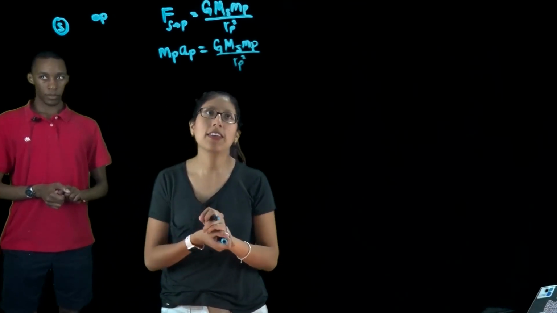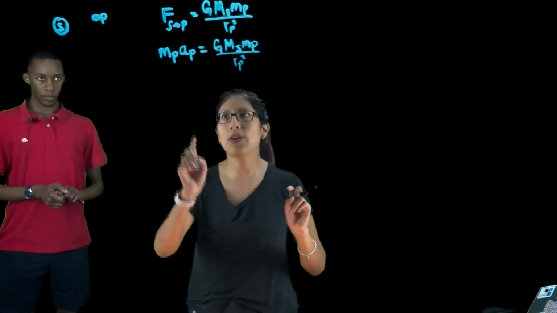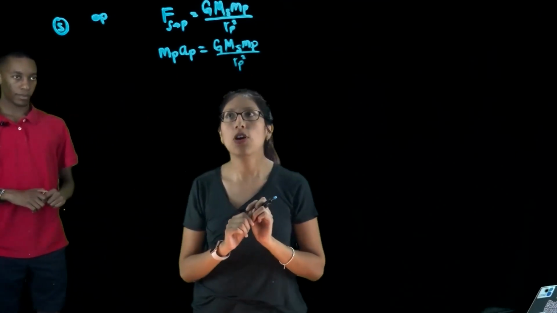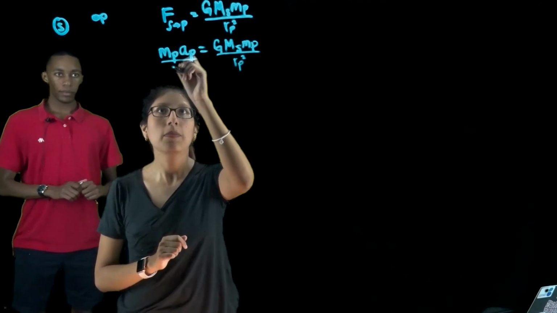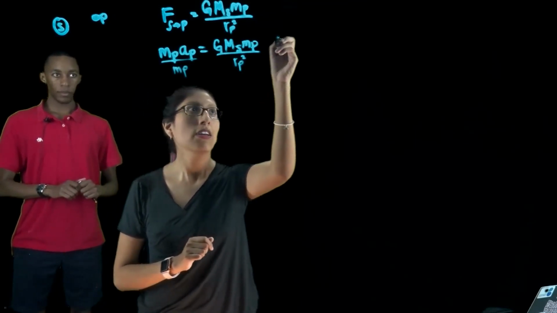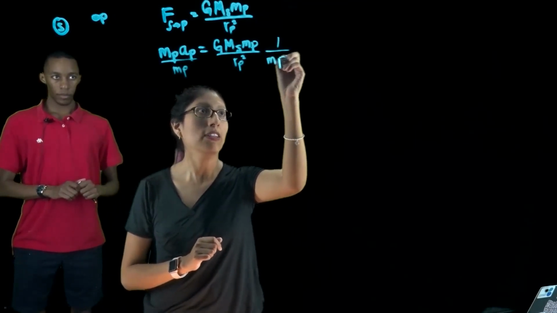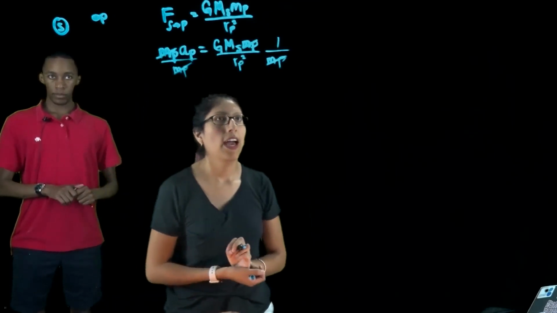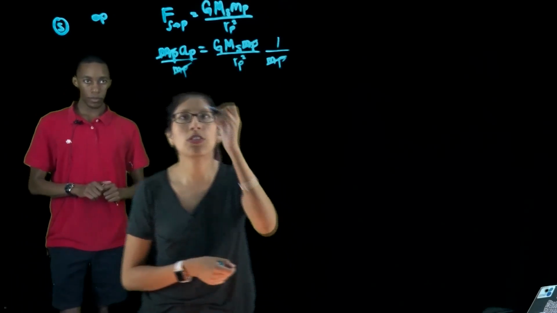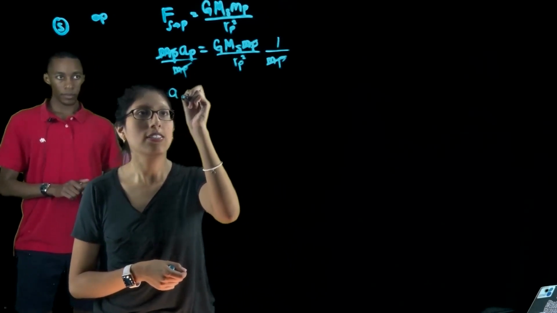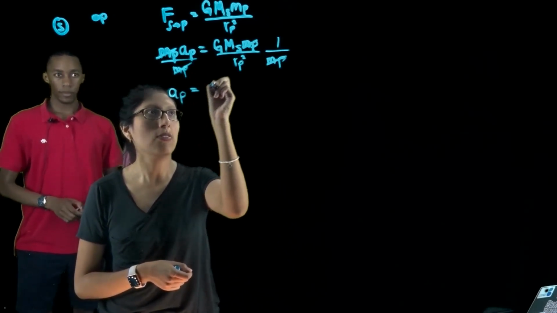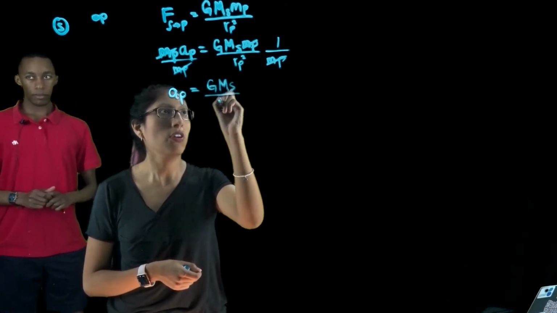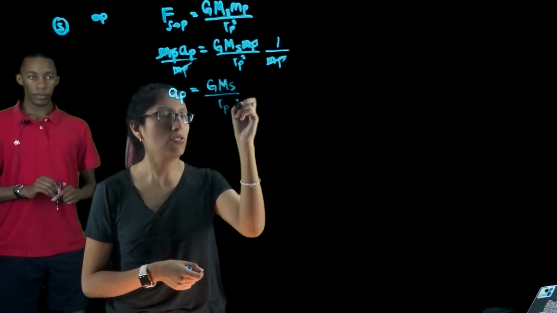Now we can simplify this a little bit by noticing that we have the mass of the planet on both the left and the right side. So we can divide each side by the mass of the planet so that both these quantities cancel out, and we are left with the acceleration of the planet equals G m sun over the radius of the planet squared.